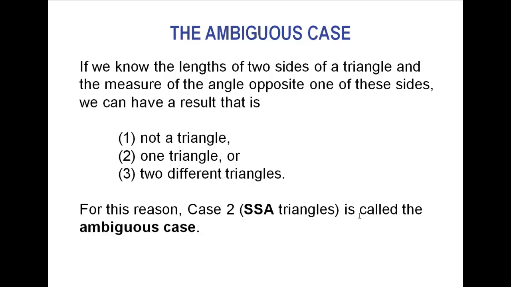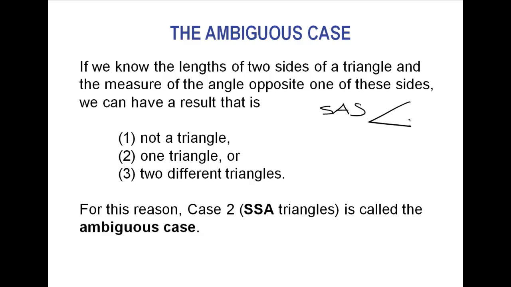If we know the lengths of two sides of a triangle and the measure of the angle opposite one of these sides, please take note that this is side, side, angle, which is different than side, angle, side, where we know the measurement of two sides and the angle in between them.